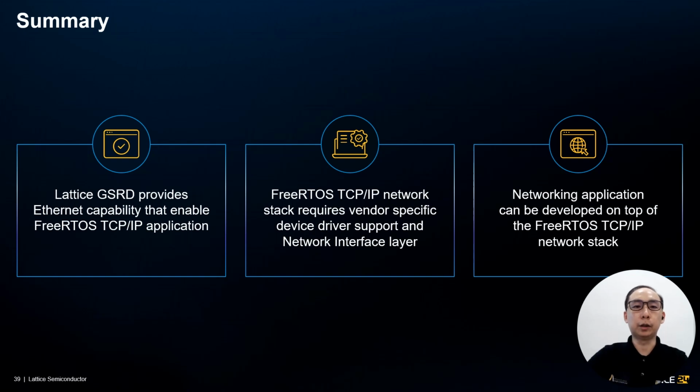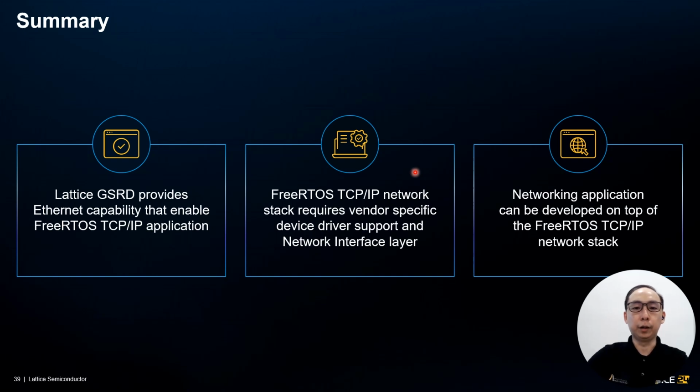This is to conclude the sharing today on the FreeRTOS TCP software stack for Lattice Golden System Reference Design. The key takeaways here are, first, the Lattice GSRD provides the Ethernet capabilities that enable more complex applications such as FreeRTOS TCP/IP. Next, the FreeRTOS TCP/IP network stack requires the vendor-specific device driver as well as the network interface layer.